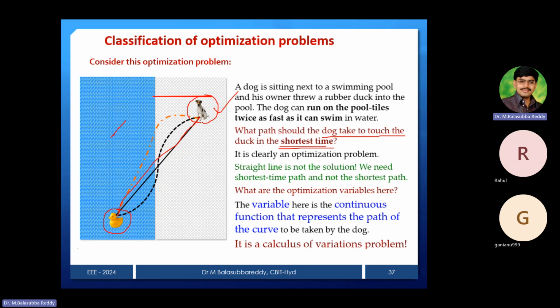That is the objective. Different problems may have different objective functions. That means it is an optimization problem. Using algorithms, you have to find how much time it takes to reach and catch the duck.